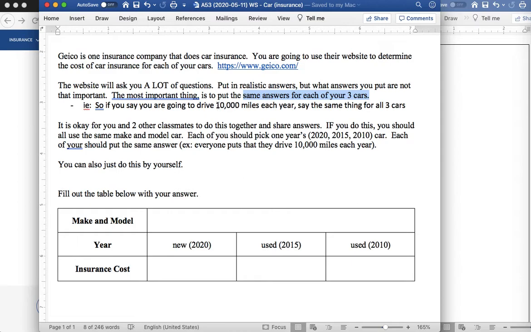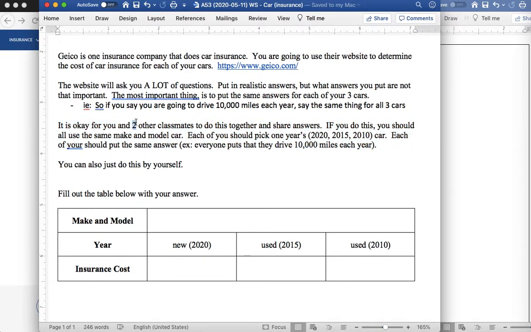For example, if the first time you do this you say that you're going to be driving 10,000 miles per year, please say that same thing for all 3 cars. Because this is, in my opinion, a good amount of work to do 3 different times, and it's a bit of a pain.